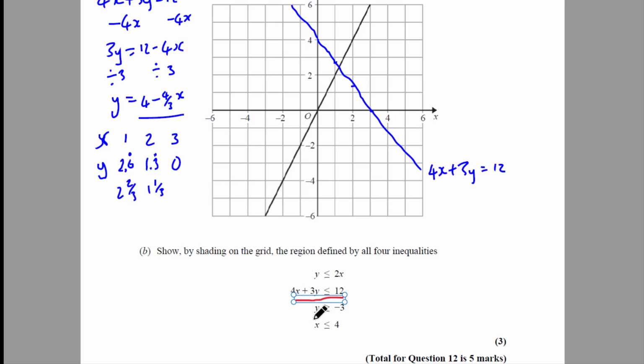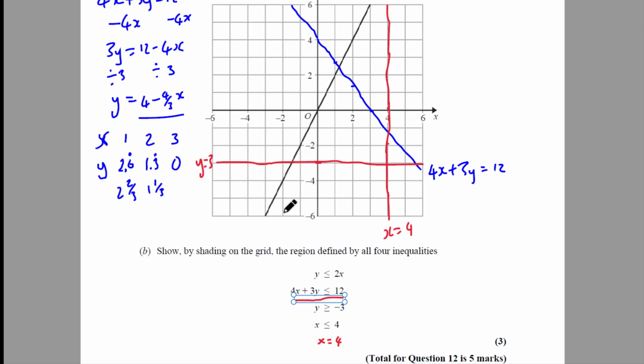We've just done this line, so let's look at the line y is greater than or equal to minus 3. So where's the y coordinate? Minus 3. And we can just treat that as equals. So we're going to draw a nice line here, and just set that to x equals 4, and x equals 4 is here, and we're going to label that.